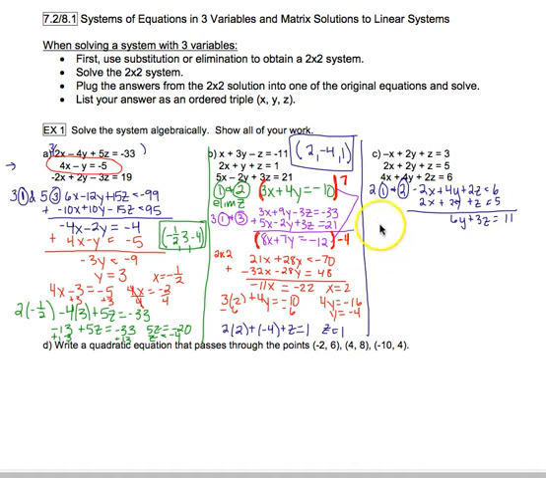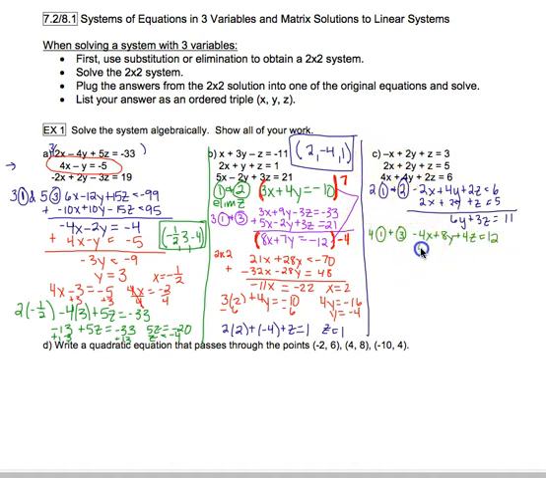Then I'm going to choose to do equation 1 with equation 3, which means I'm going to need to change over to multiplying equation 1 by 4. So 4 times equation 1 with equation 3. So negative 4x plus 8y plus 4z equals 12.